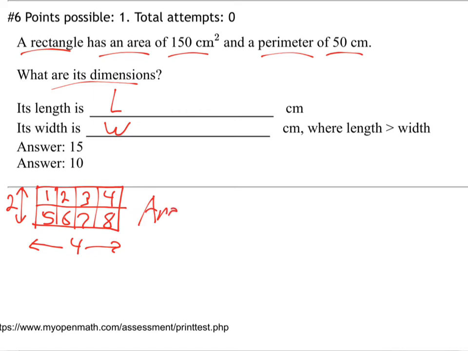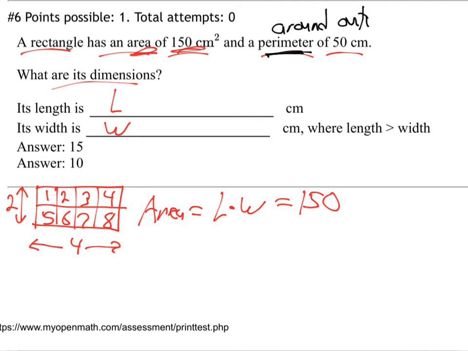So the area of a rectangle is just one side times the other, isn't it? If you want to know how much space is inside of a rectangle, the area, it's just one side times the other. So they're saying the area is 150. So the area, length times width, is 150. There's our first equation. And now perimeter is how far around the outside edge.